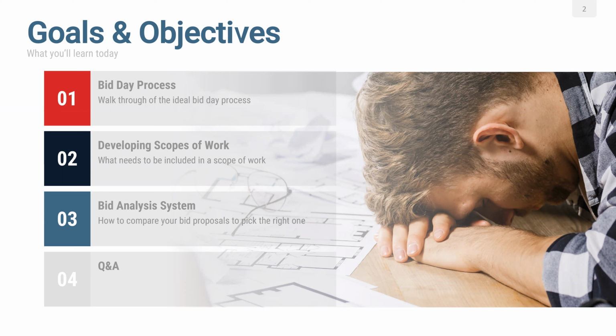Number two is make sure we have our scopes of work down. Number three is the bid analysis process. How do you go about, if you're a general contractor, dealing with your subcontractor quotes on bid day, and if you're a trade contractor, how do you do the same thing with any material suppliers? So let's get going, Kyle.